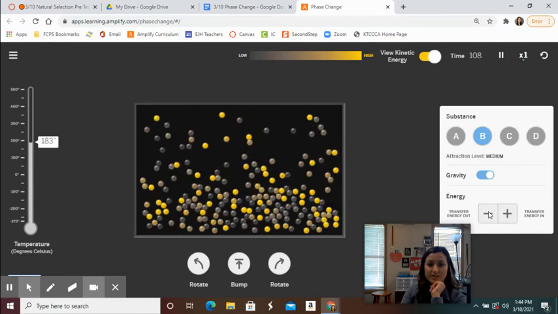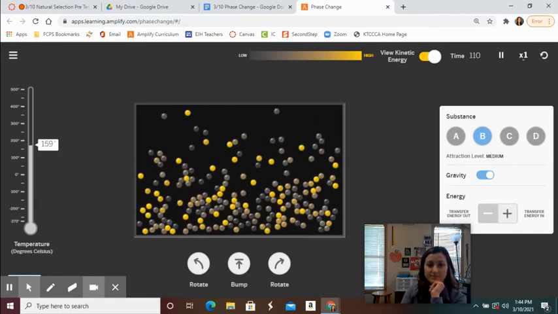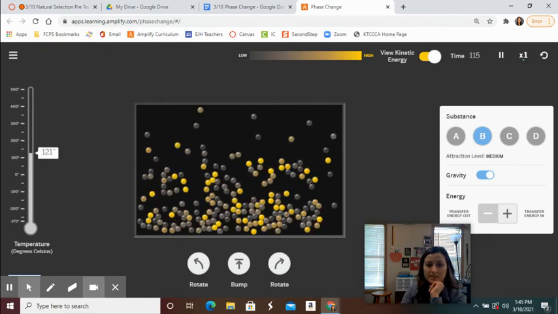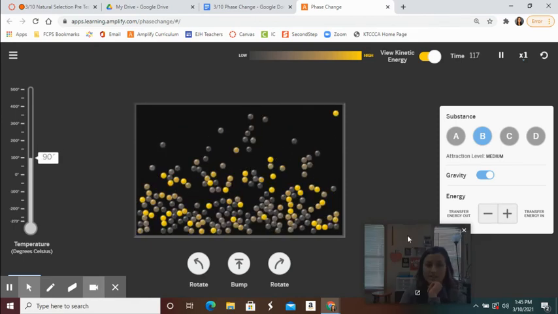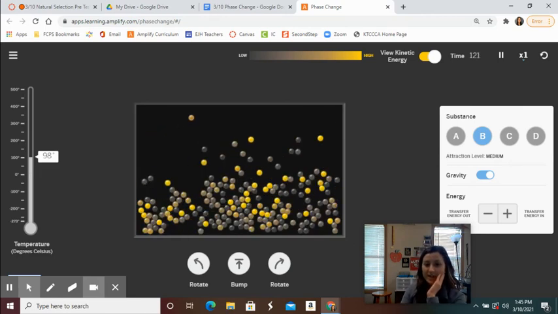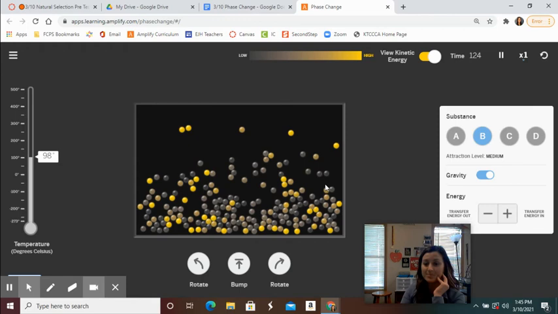Still no phase change. Going to keep going. At this point, you can see I've taken out almost half. Did we have a phase change? We're close, but not yet.